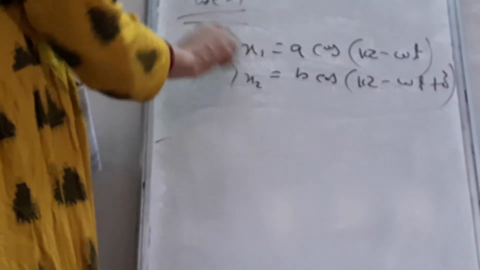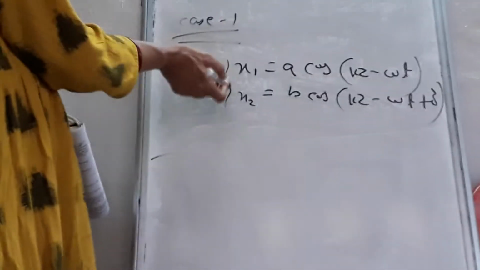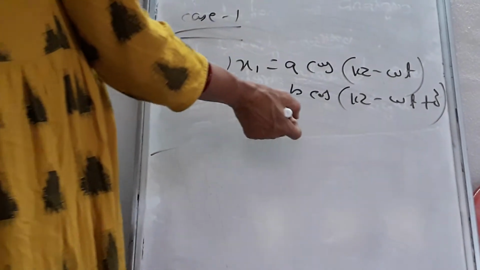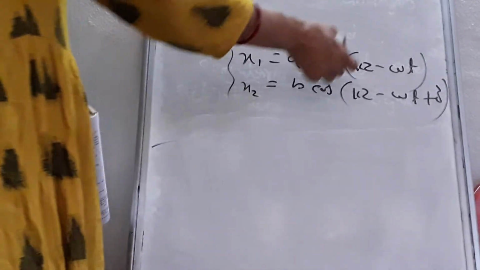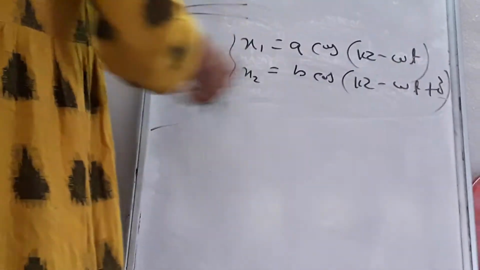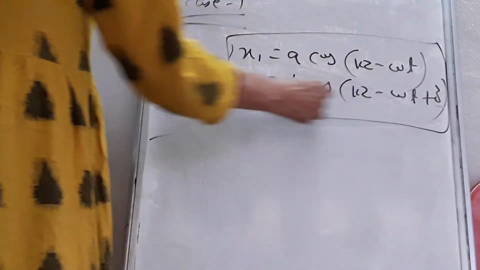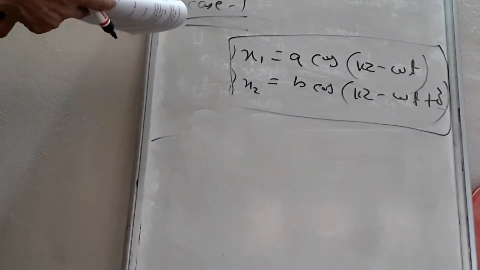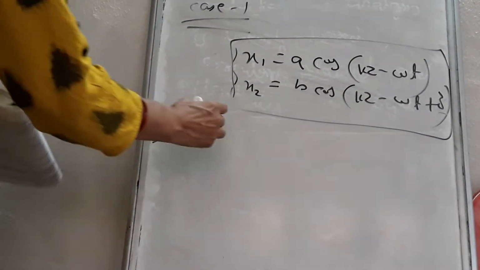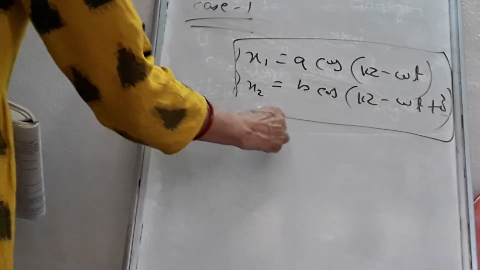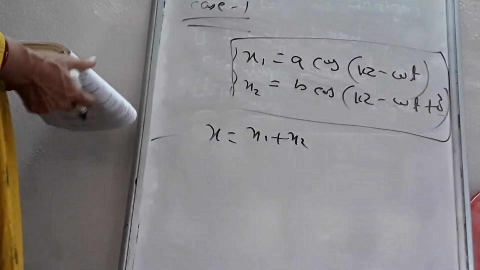That means these are the two polarized lights. They are in the same direction, that is x, their amplitudes are different, a and b, their frequencies and wavelength are the same, and they have a phase difference δ. If these polarized lights are allowed to superpose, according to the principle of superposition, the resultant equation will be x = x1 + x2.